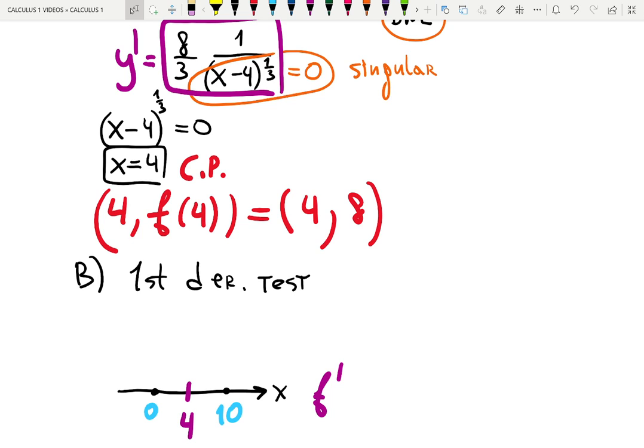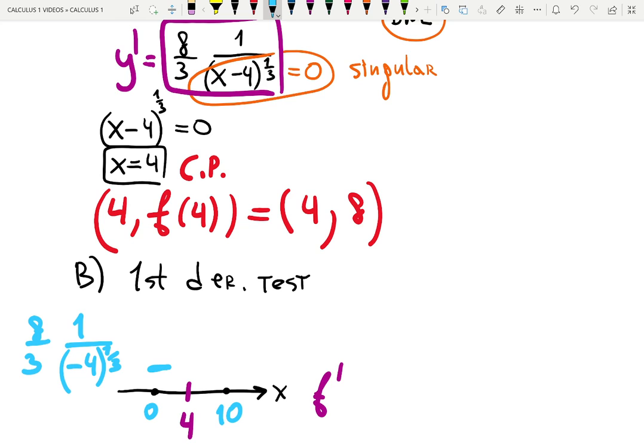So at 0, 8 over 3 is multiplied by 1 over negative 4 raised to the 1/3, because 0 minus 4 is minus 4. Negative 4 raised to the 1/3 still will be negative, because it's the third root. And then negative multiplied by positive is negative. So this is a negative interval for the first derivative.